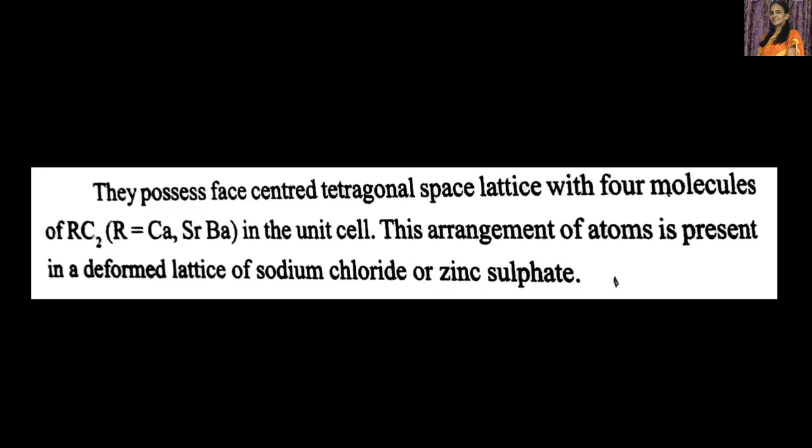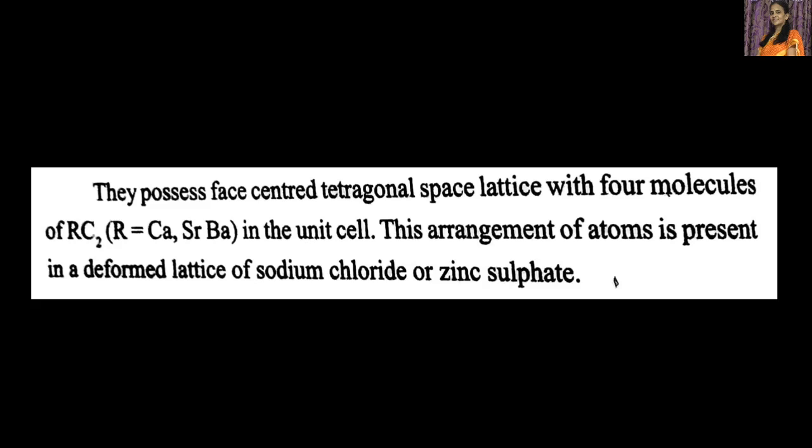So first group elements form M2C2 type carbides, whereas second group elements form MC2 or RC2 type carbides. And group 13 elements form M2C6 type carbides. These are the structures of MC2 or RC2 type carbides.